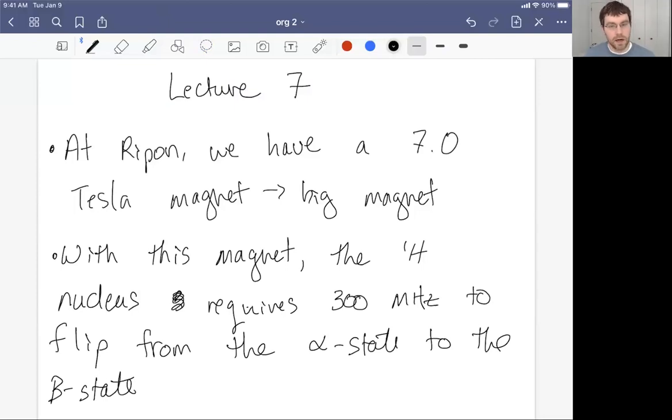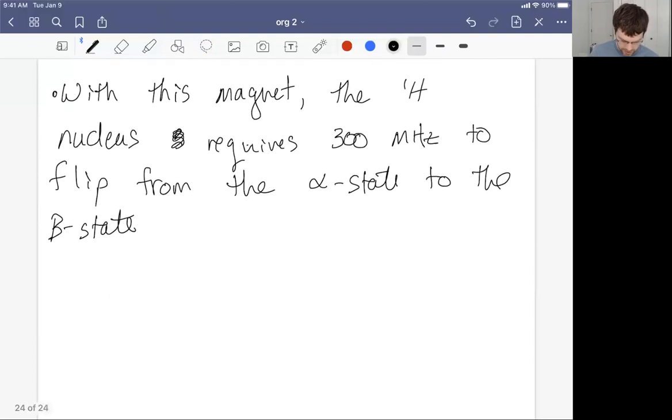So 300 megahertz is the number we want to keep in mind. Let's break this down a little bit. 300 megahertz is a frequency of light, a frequency of electromagnetic radiation.